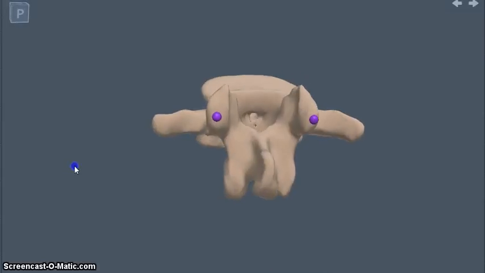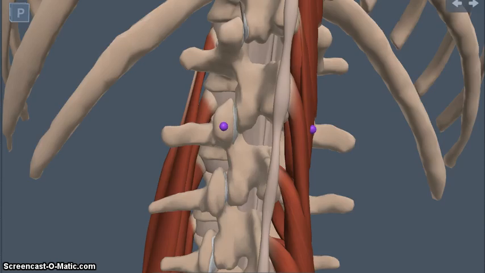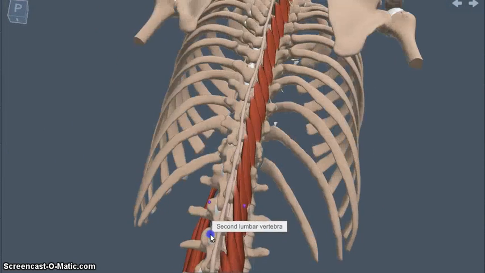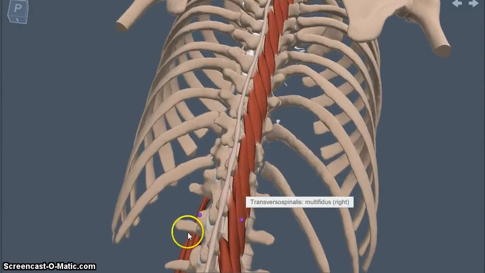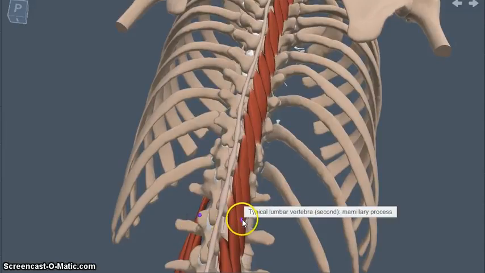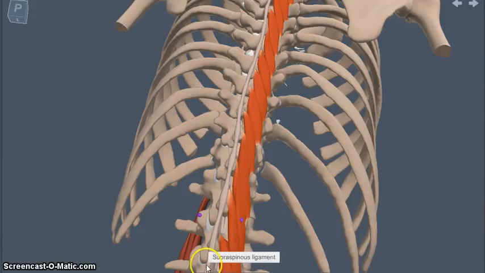There's mammillary processes on the back part, and the whole purpose of having the mammillary processes is that's where you're going to have multifidus muscles attach, or other muscle attachments. So here's one without the attachment, and you can see the pin here where the process is laying under the multifidus.